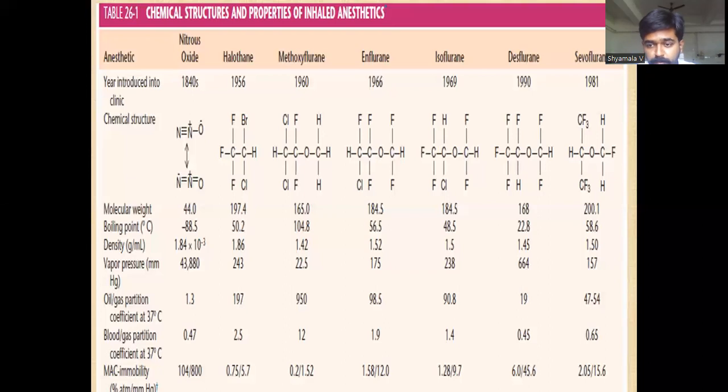As I said before, sevoflurane has a MAC value of 2, and desflurane has a MAC value of 6. Isoflurane is 1.2, enflurane is 1.6. Nitrous has 103, 104, so that is the highest MAC value. Halothane is 0.75.